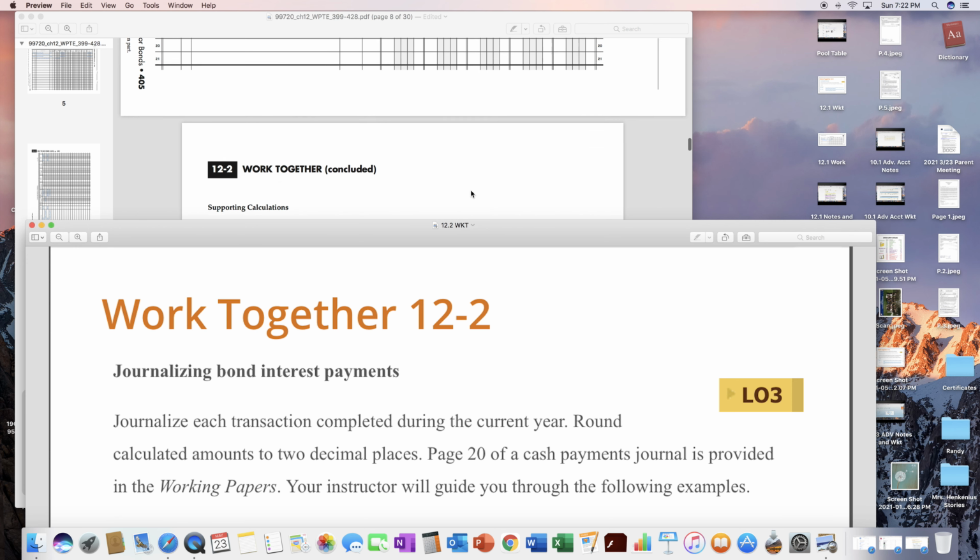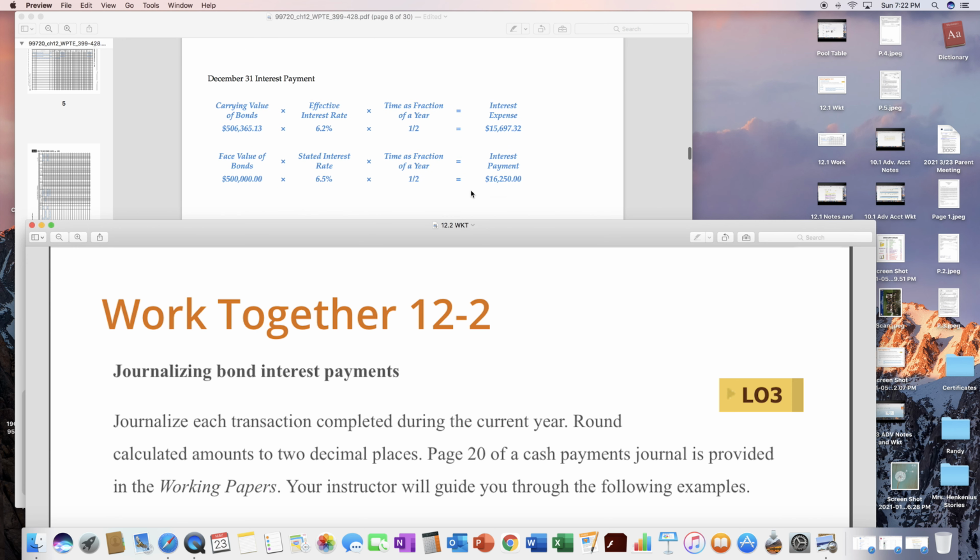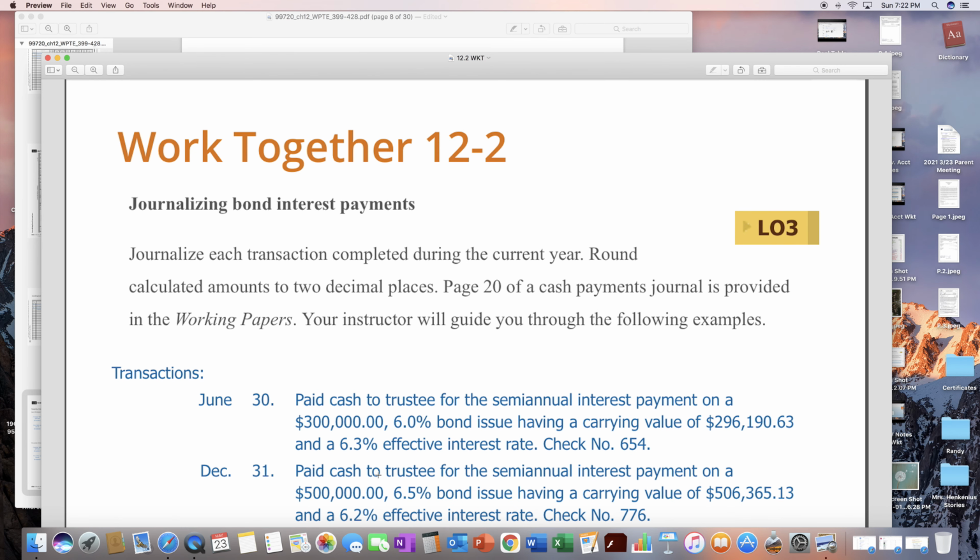The next one tells us paid cash to trustee for a semi-annual interest payment on a $500,000 6.5% bond issue with a carrying value that's actually higher. We're going to have a premium here, but it's still the same thing.